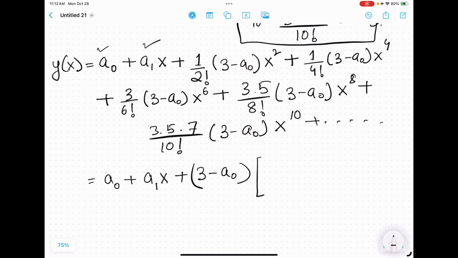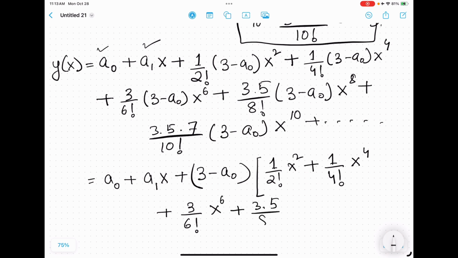Then I have 1 by 2 factorial x squared plus 1 by 4 factorial x to the 4 plus 3 divided by 6 factorial x to the 6 plus 3 times 5 divided by 8 factorial x to the 8 plus 3 times 5 times 7 divided by 10 factorial x to the 10, and then so on.